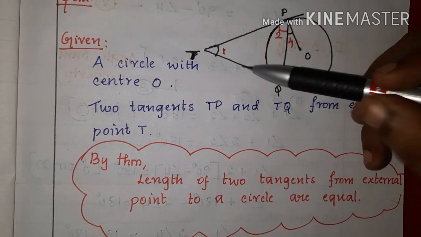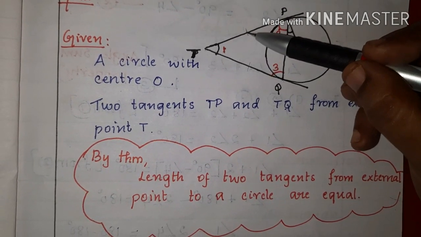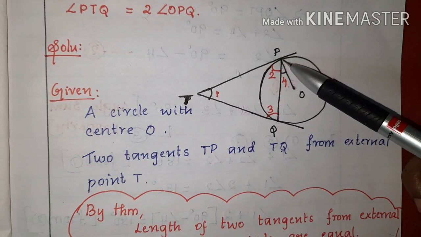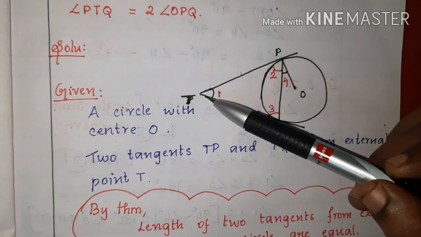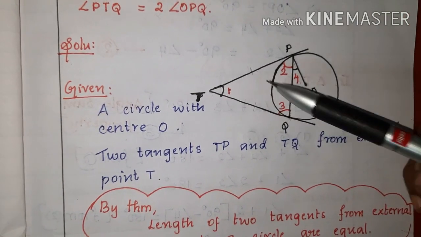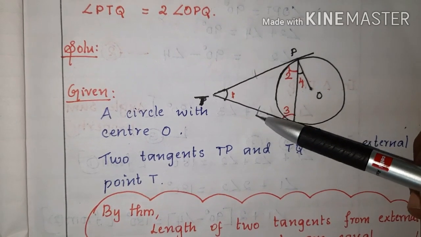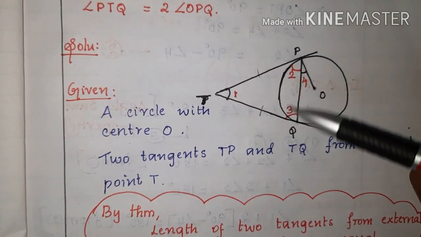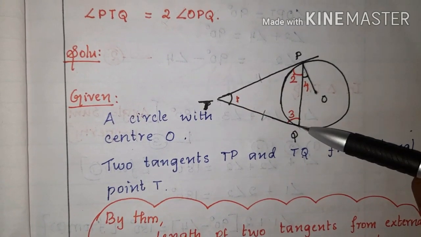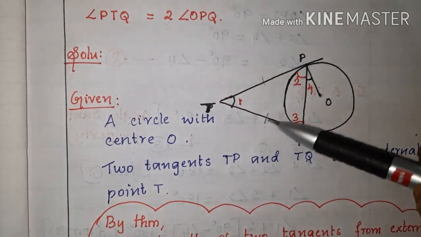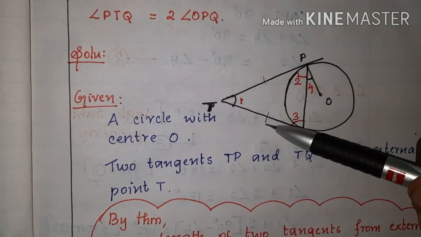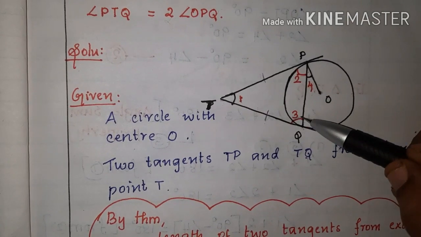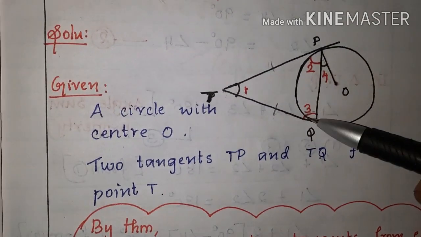Yes. Now these two lengths of the tangents are equal. So in this triangle PTQ, these two sides are equal by theorem 10.2. So you know very well, in a triangle, if any two sides are equal, then the angles opposite to the equal sides are also equal. So you can say that angle 2 and 3 are equal.